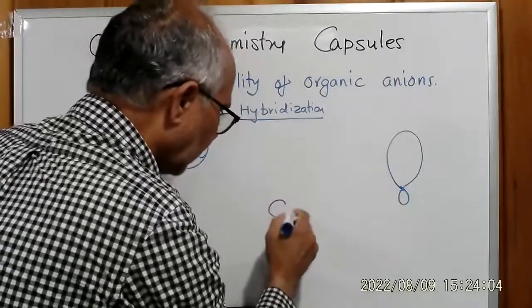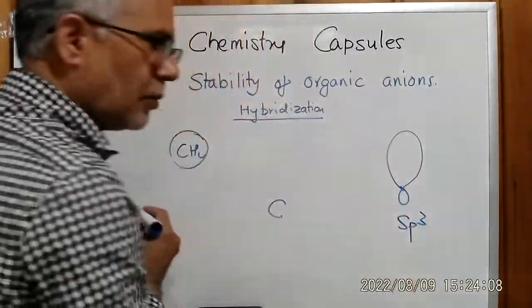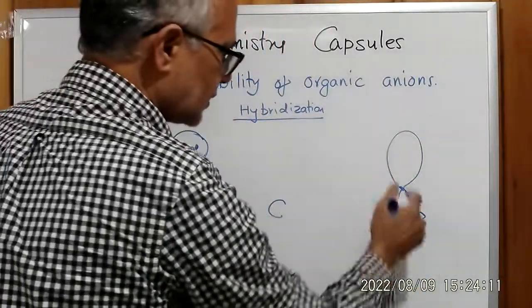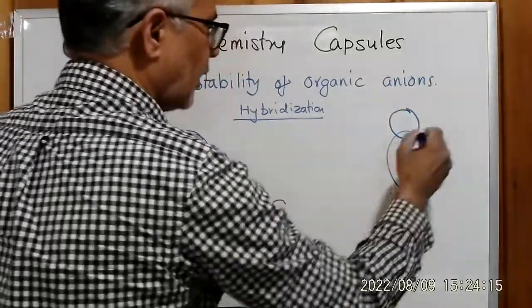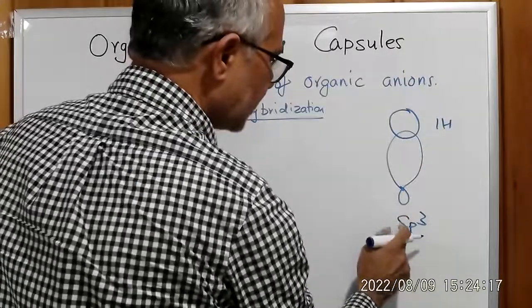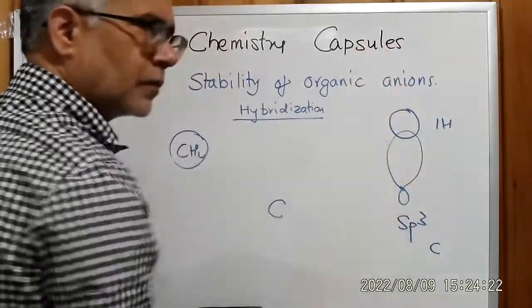So this is the sp3 hybrid orbital of carbon, that's how it's depicted, and then there's the 1s orbital of hydrogen. This is the sp3 orbital of carbon, they form a bond.